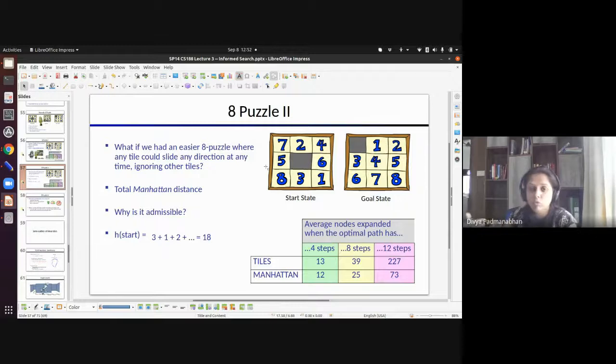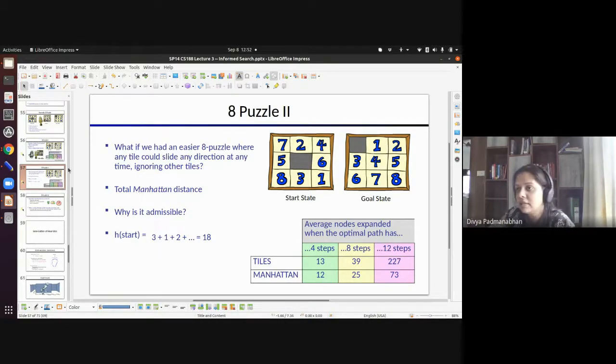You cannot make a move of both the x and the y coordinates in the same action. So the Manhattan distance, which we saw last time, is how far you go along the x plus how far you go along the y. So that is a valid heuristic to use.